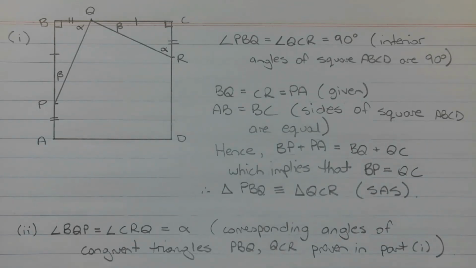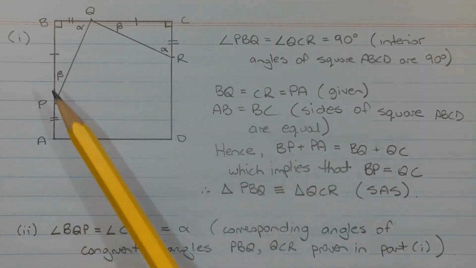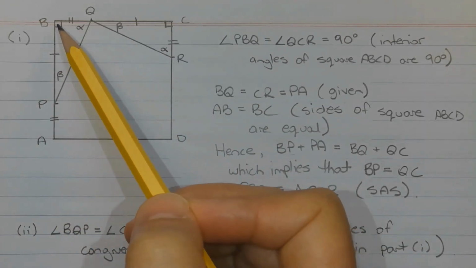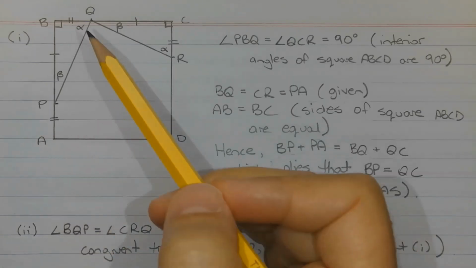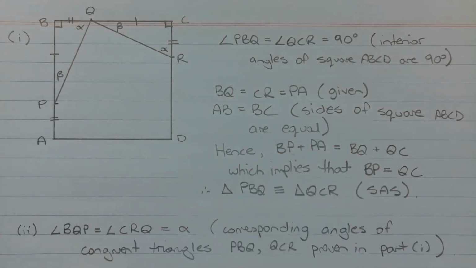Now in either triangle PBQ or QCR, alpha plus beta plus 90 degrees is equal to 180 degrees because it's the angle sum of a triangle. So if we take away 90 from both sides, this implies that alpha plus beta is equal to 90 degrees.